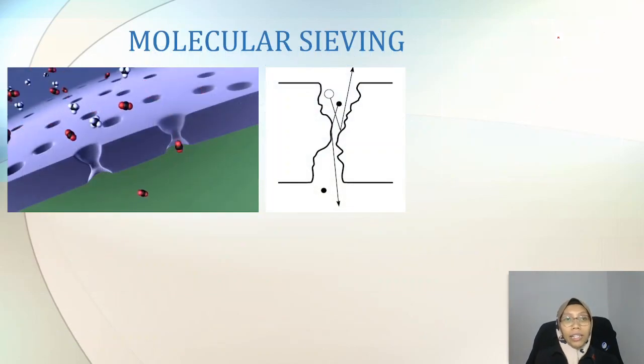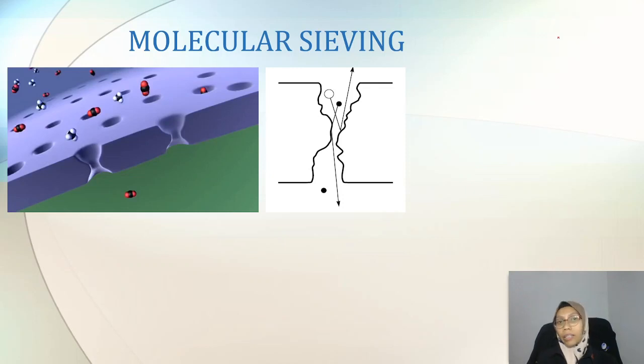All right. The second type of mechanism is molecular sieving. Remember, in molecular sieving, the pore size is slightly bigger than the molecular size. The pore size of the membrane in molecular sieving is smaller compared to the membrane used for Knudsen diffusion separation just now.